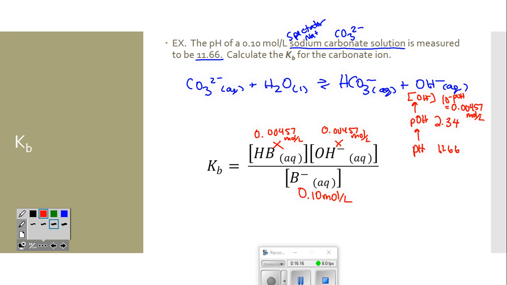Even though that's not the equilibrium concentration, remember it's going to change so little that I can use that value. I should get as my value for Kb 2.1 times 10 to the power of negative 4. No unit, because it's the equilibrium constant, not a concentration.